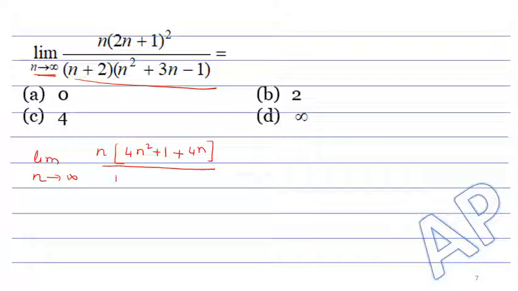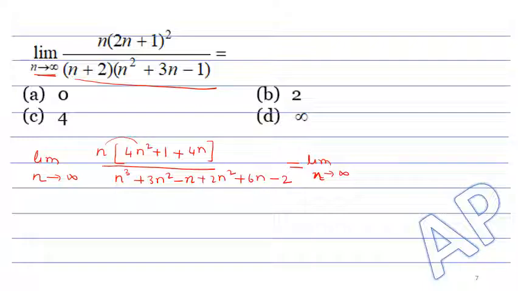That is, n into n square is n cube plus 3n square minus n plus 2n square plus 6n minus 2. In the numerator also, we can multiply by n.